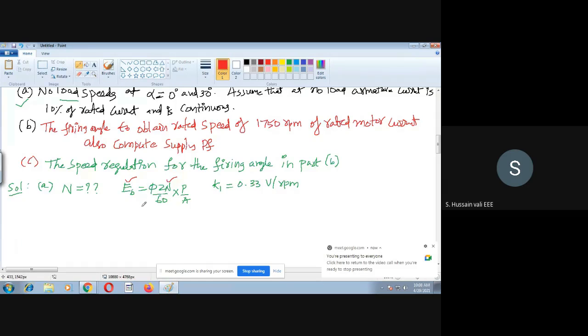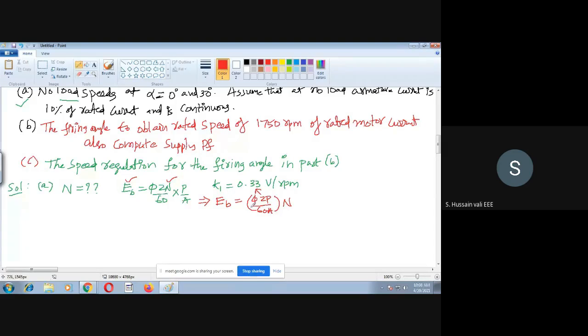So I can write EB is equal to, everything is constant, phi Z P by 60A, into n. Because this is voltage and this is RPM, when you send the speed to this side, the unit we get is volt per RPM.